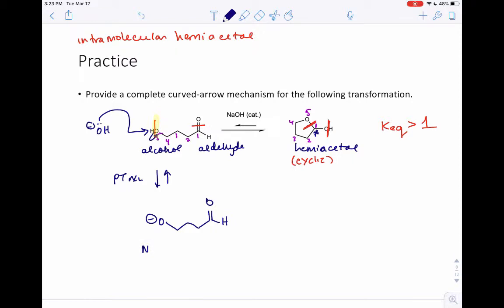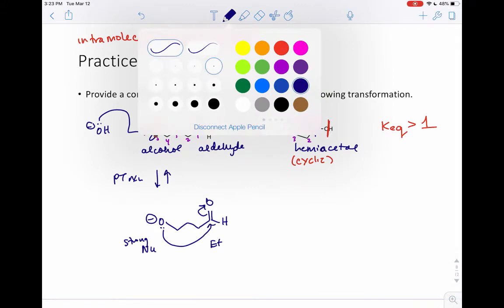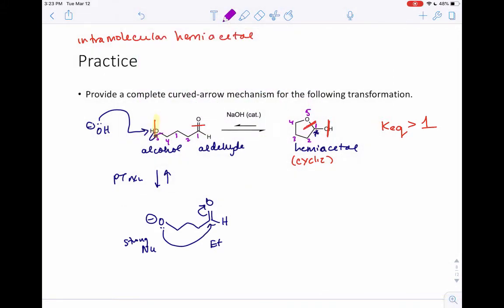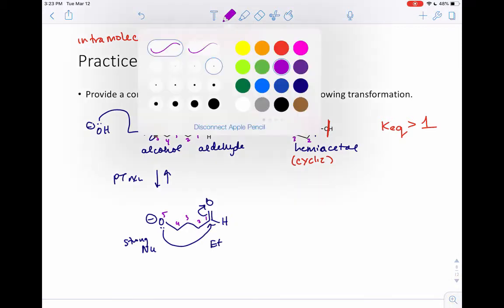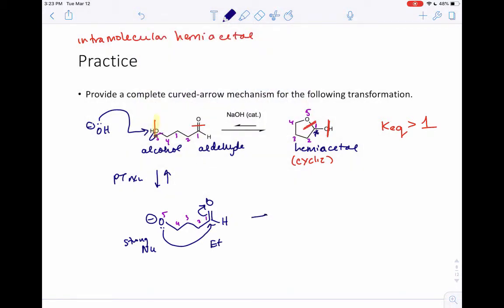Now we have a pretty good nucleophile. We have our electrophile. That's the aldehyde. So the alkoxide is going to close down on the aldehyde and make a 5-membered ring. You'll remember that 5-membered rings are stable ring forms. They have very little ring strain.